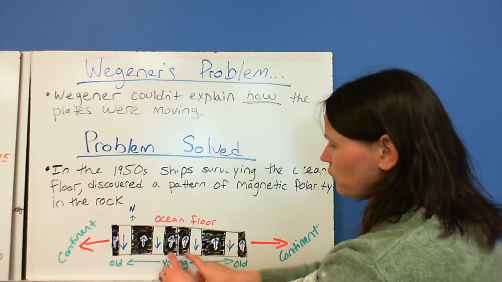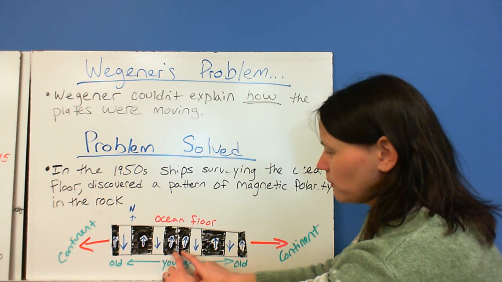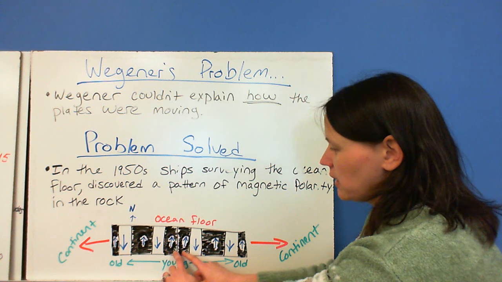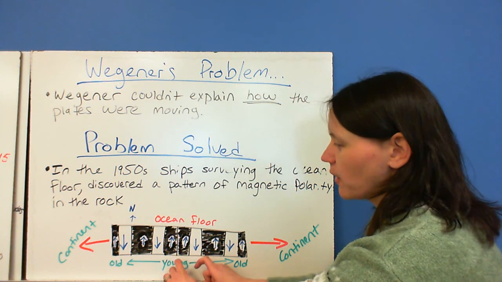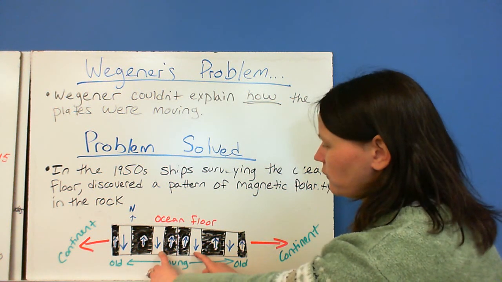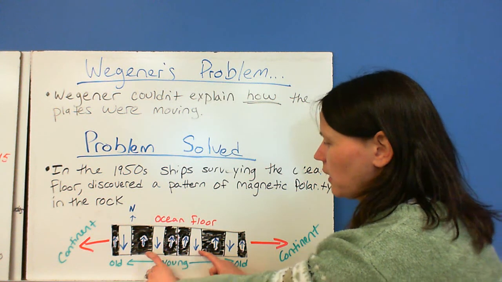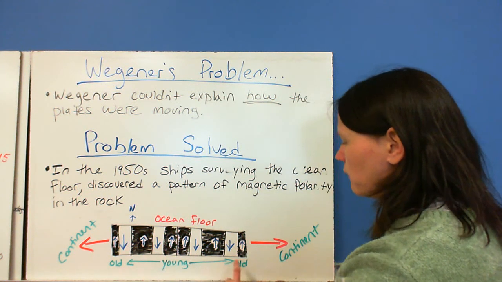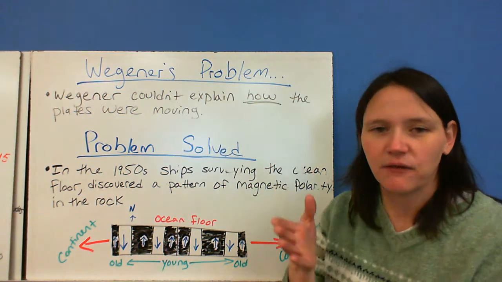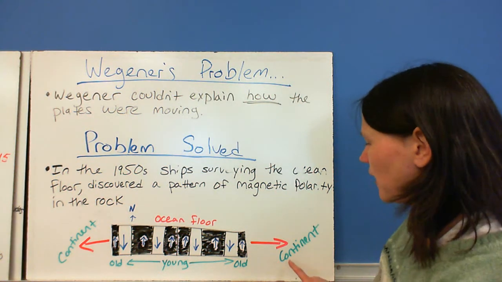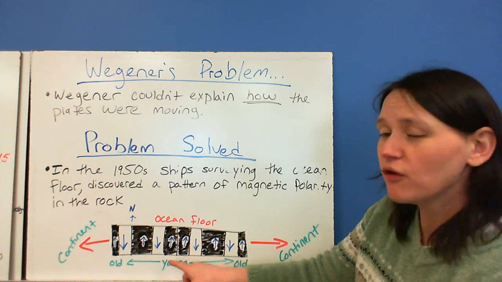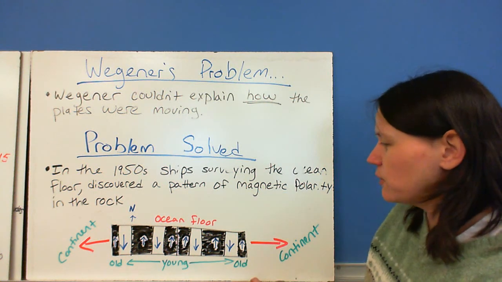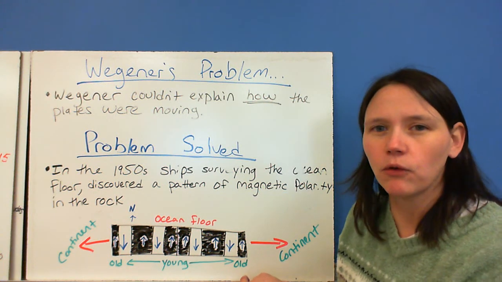So these two are the same age because they're right next to each other. And then they get pushed further away from the center part of the ocean floor. These two used to be in the middle, and these two used to be in the middle. So if you're in the middle of the ocean and you go towards the continents, the middle is your younger rock, and as you get closer to the continents, that's your older rock.